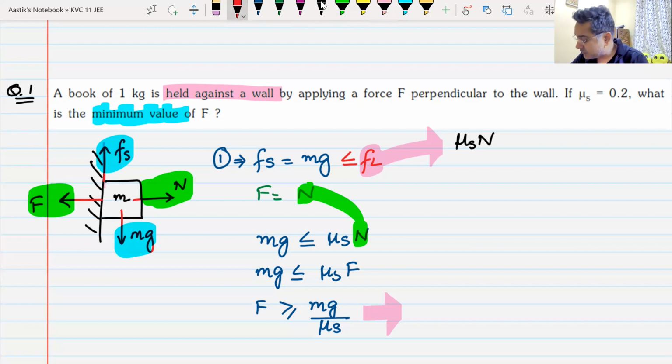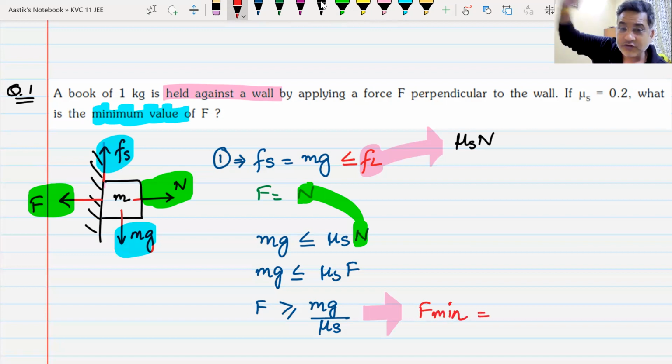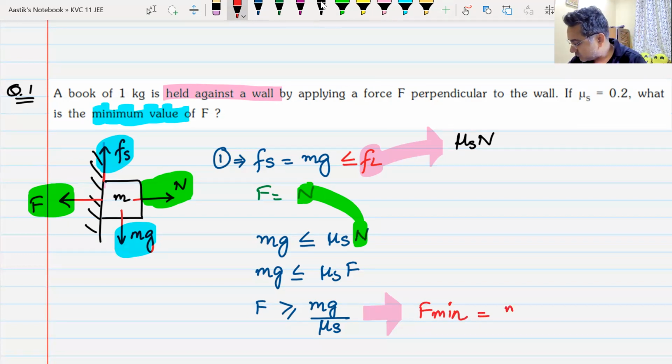What is the minimum value of this force? F minimum, since force has to be more than a certain value, the minimum value becomes mg by mu s. And that is the answer that we were looking at.